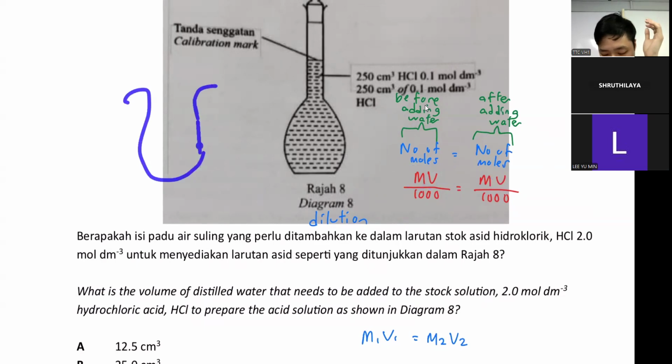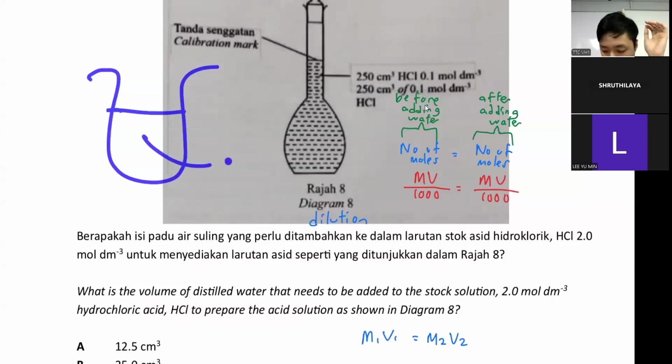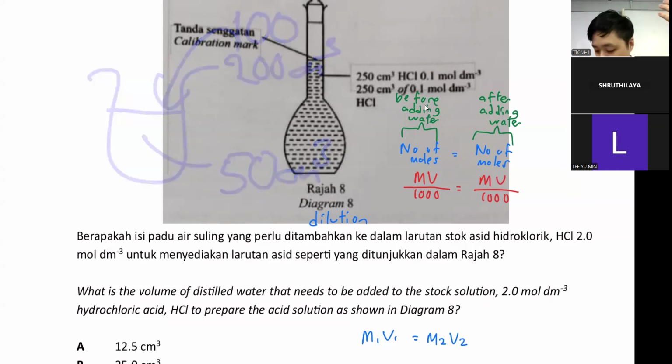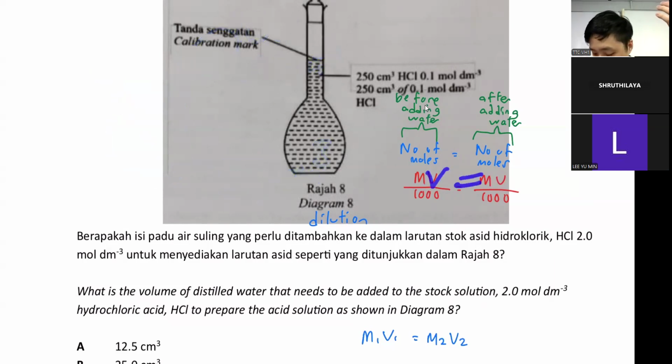Very simple, right? At the beginning, before adding water, let's say the solution is 50 cm cube. After adding water, of course, it will increase to maybe 100 or 200 cm cube. So of course, volume before is not equal to after. That's why you have M1V1 equals M2V2.